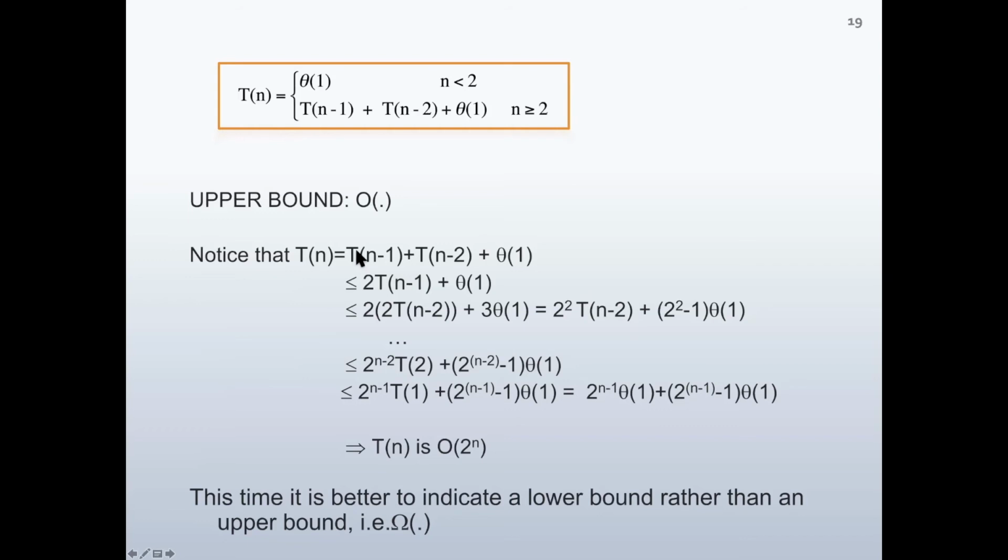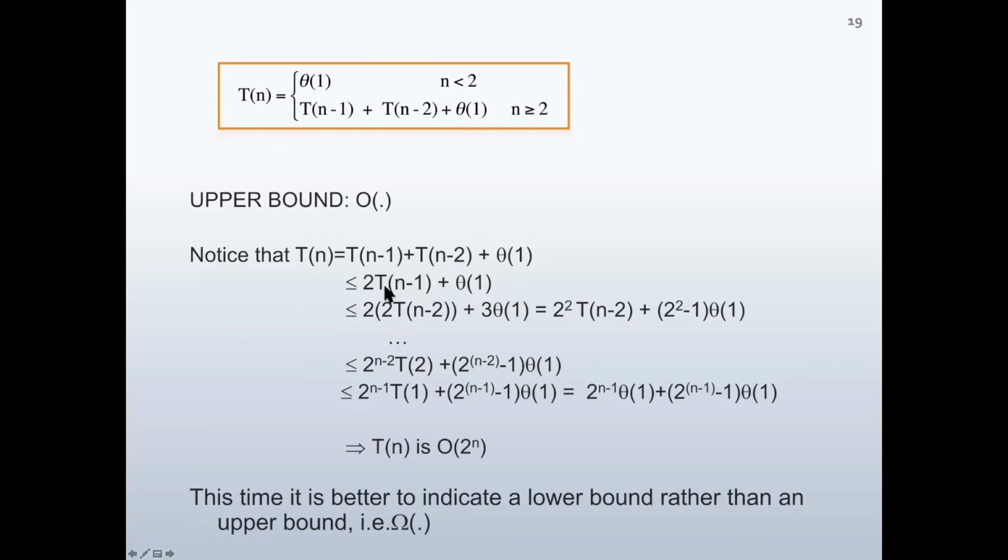for T(n), by using the recurrence relation, we are writing T(n minus 1) plus T(n minus 2) plus theta 1. We are considering this line, and we are writing there instead of T(n). We know that T(n minus 2) is less than T(n minus 1), so if we write T(n minus 1), we know that this is less than or equal to 2 times T(n minus 1) plus theta 1 here.